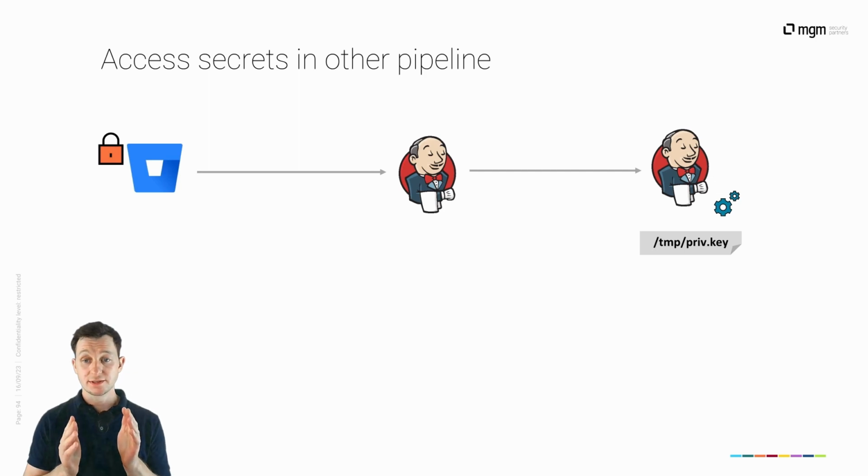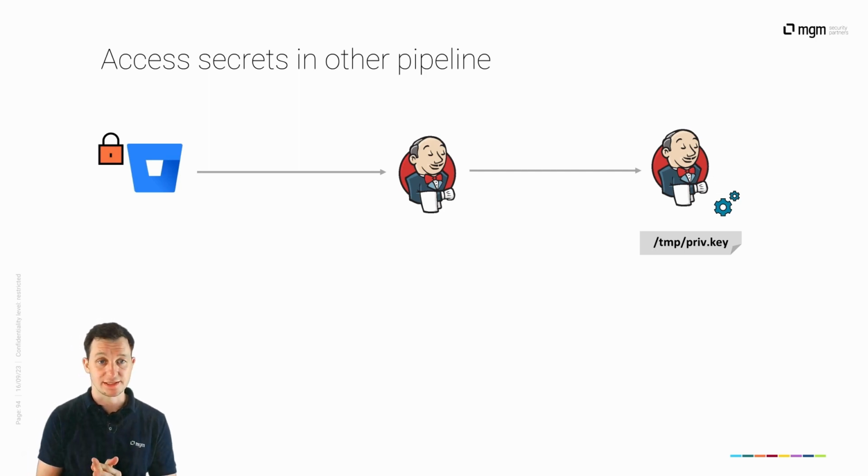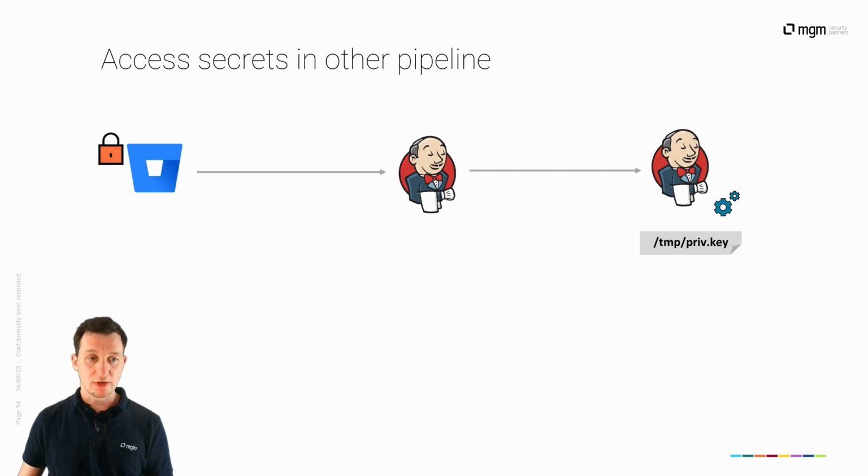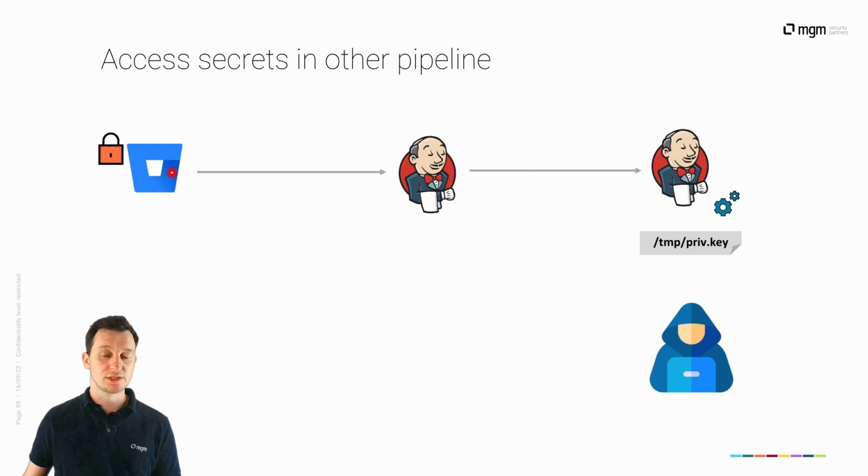We could still maybe access secrets in other pipelines. Let's imagine you have a project, a Bitbucket project, but as adversary, you do not have access to this Bitbucket project. And you have a Jenkins server, and as we learned some minutes before, the execution is not on the Jenkins server itself in most cases, but it is on a Jenkins agent, on a node that is running the Jenkins agent.